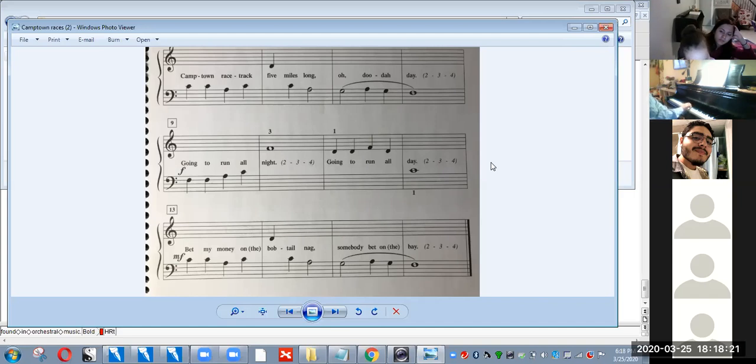Oh, okay. Yeah. Interesting. C note. There's no middle C note.